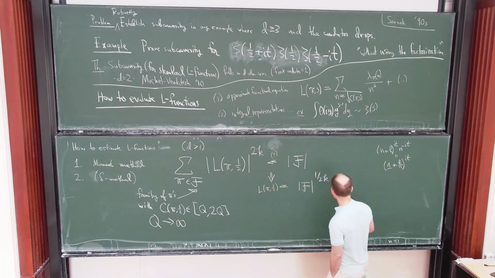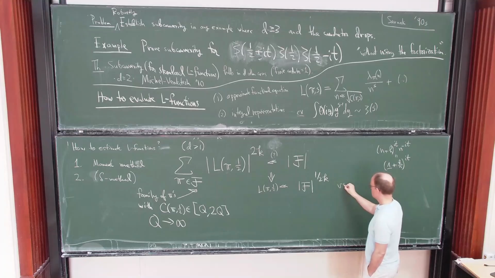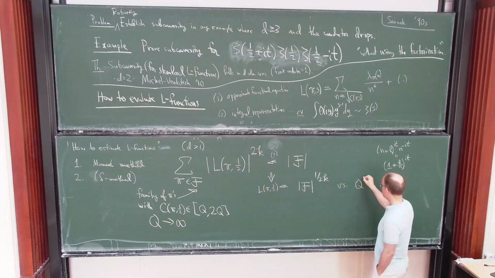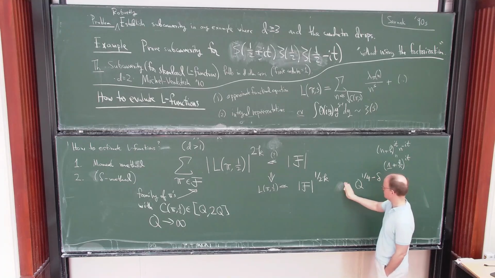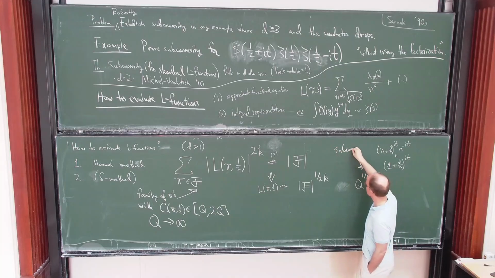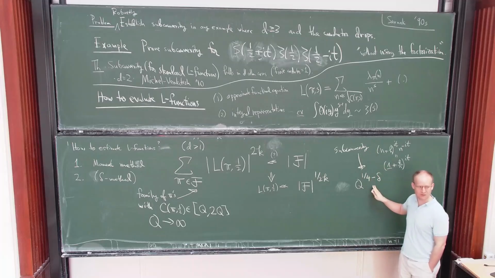So in that case, what would you like to show? You would like to show that this is bounded by q to the 1/4 minus delta. That's what subconvexity would amount to in this situation.